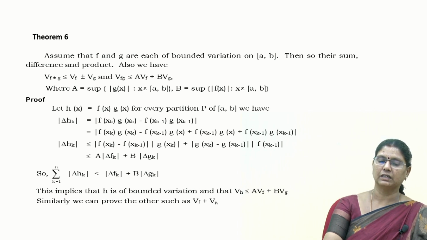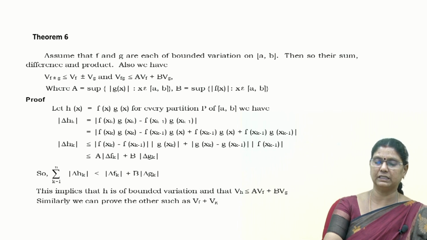For our convenience, here we are adding and subtracting f of x k minus 1 into g of x k. So, in the next step we have modulus of f of x k g of x k minus f of x k minus 1 g of x k plus f of x k minus 1 g of x k minus f of x k minus 1 into g of x k minus 1.